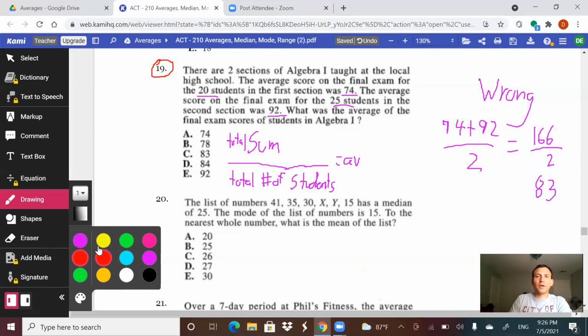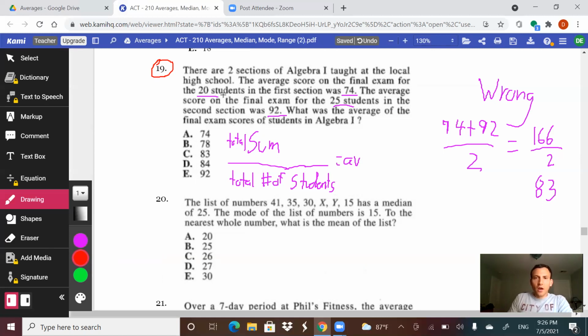So the correct way to do this one would be that for class 1, we have 20 students that are averaging 74. So to get the sum, that's just going to be 20 times 74. So 740 times 2, that's going to be 1480.